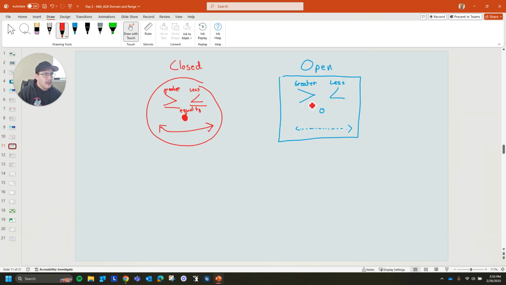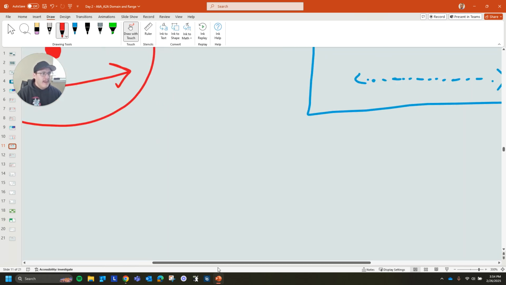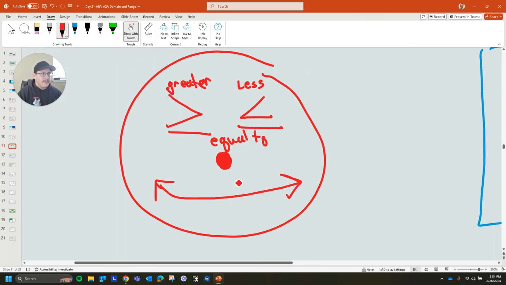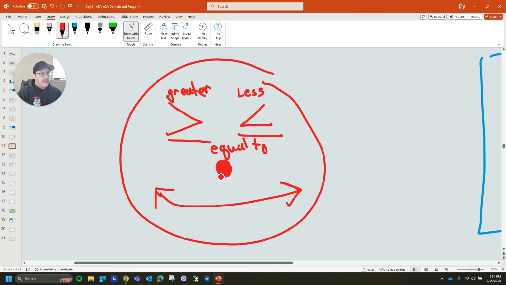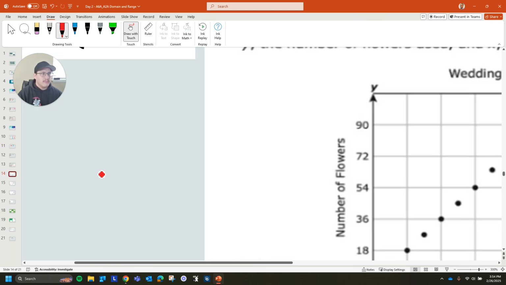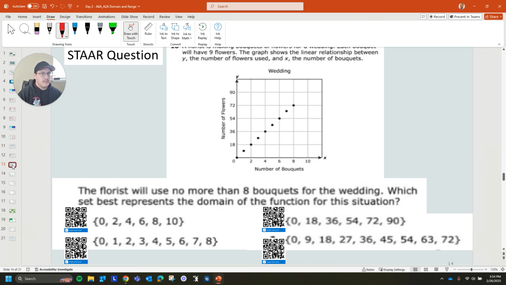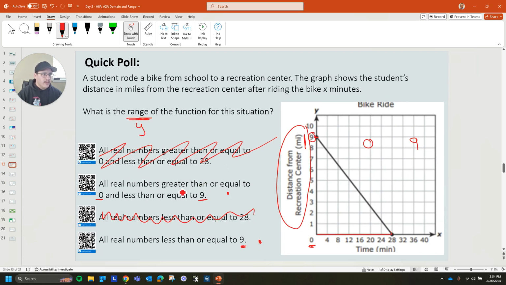If we remember our snowman and roboman, equal to is for solid dots and solid lines. So right now, this one makes sense. All real numbers less than or equal to 9.